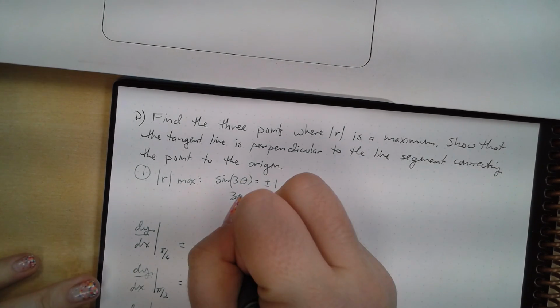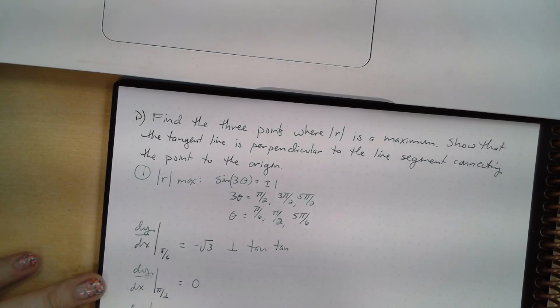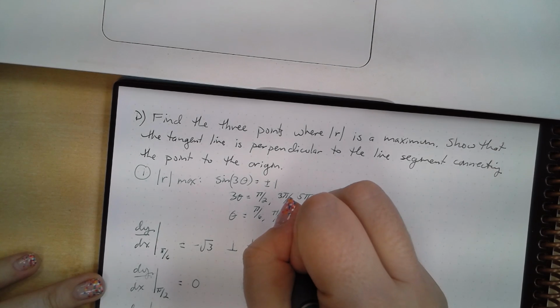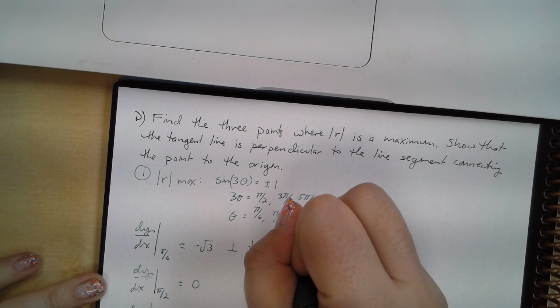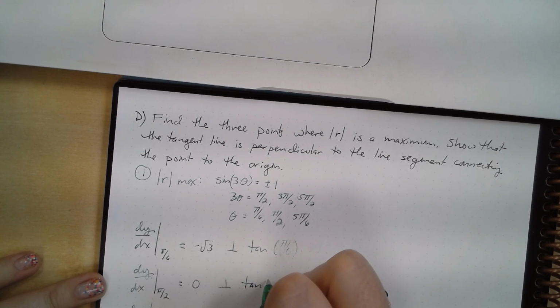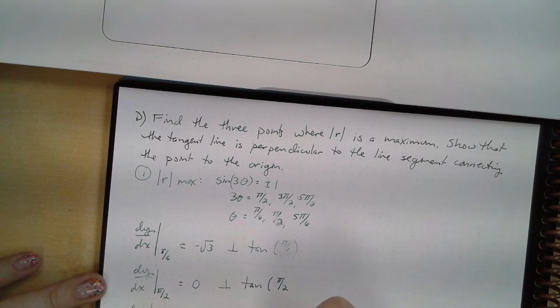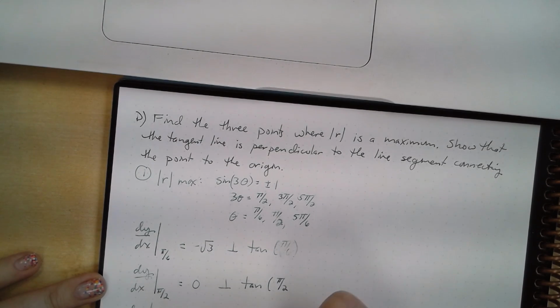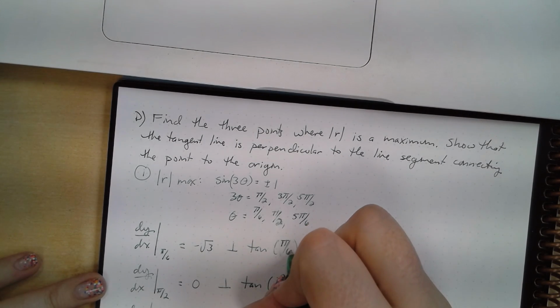So the perpendicular tangent here is going to be the tangent of just pi over 6. Here, our perpendicular tangent will be of pi over 2, and here our perpendicular tangent will be of 5 pi over 6. Here we go, pi over 6.